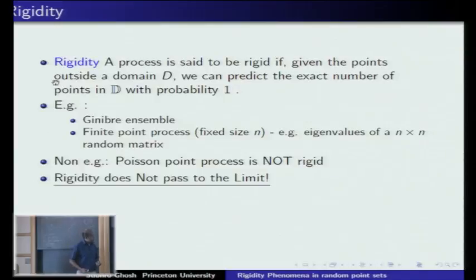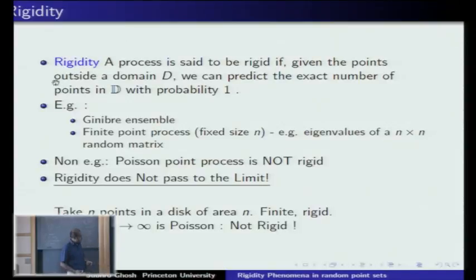This is not the case because rigidity doesn't pass to the limit, and a simple example is this one. You take n points in a disk of area n. This is finite and rigid, and now if you take weak limits as n goes to infinity, the limit is Poisson because you chose uniformly, which is not rigid. So this is really something different compared to the rigidity of finite ensembles.